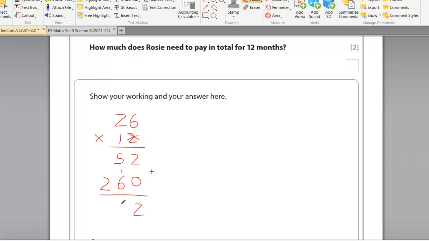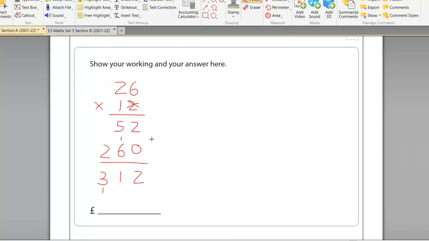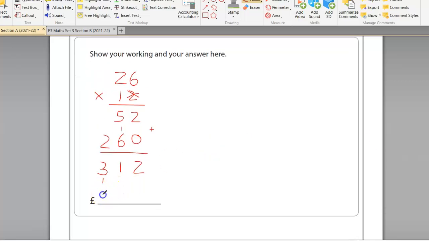So 0 plus 2 is 2. 5 plus 6 is 11. So we put 1 and carry 1. And then 2 plus that 1 makes 3. So Rosie needs to pay £312 that month.